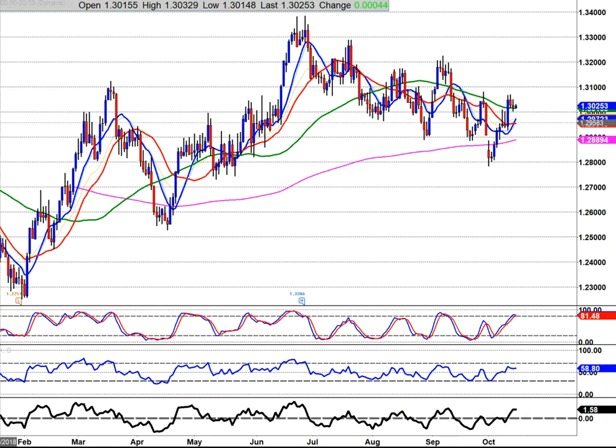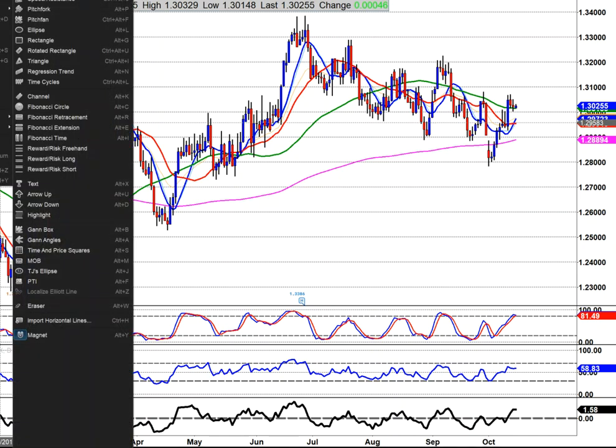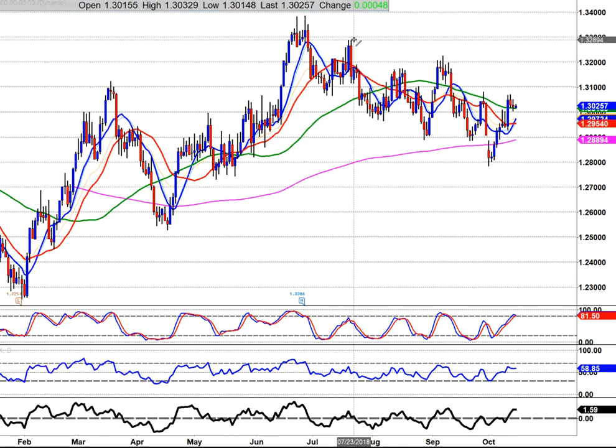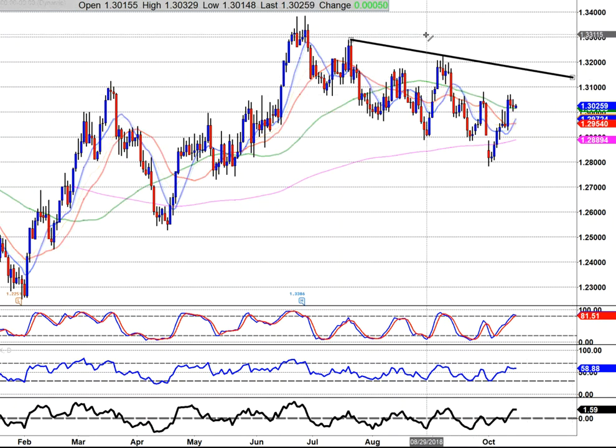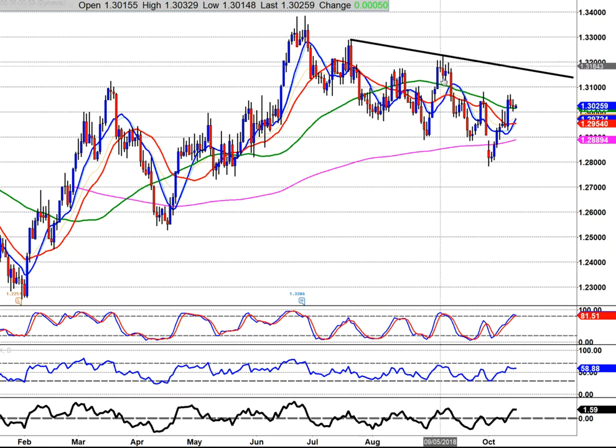If I drew a line on here, and I will do that right now, say from this point to this point, so we're going to have a support line, and the value of that pole up with this little pattern would actually exceed the trend line, which is coming in today at 131.75.